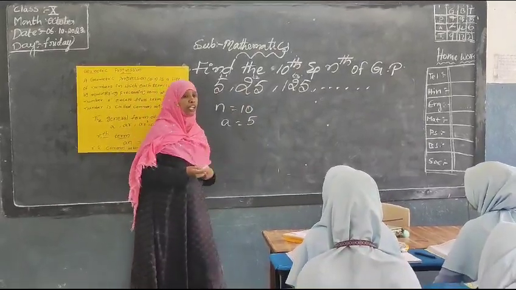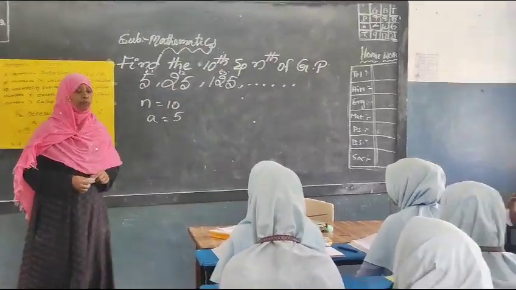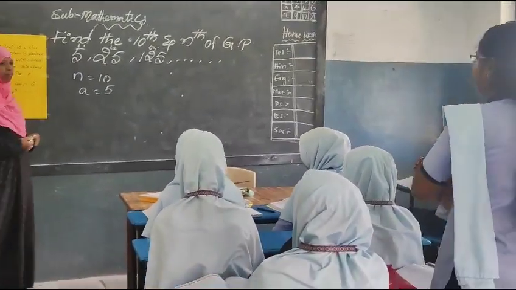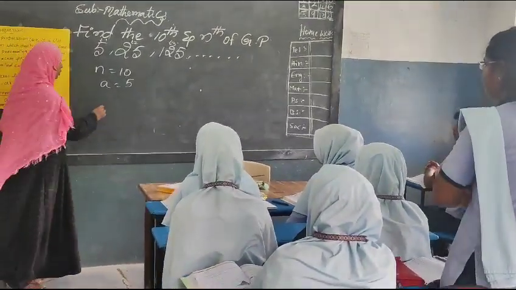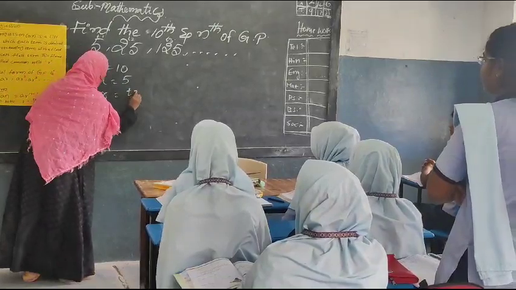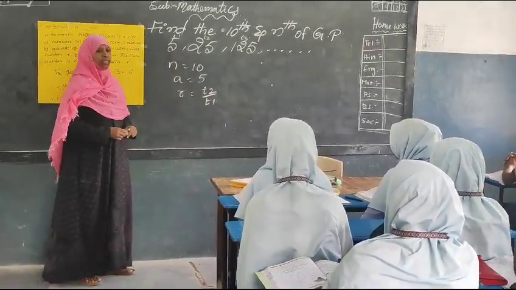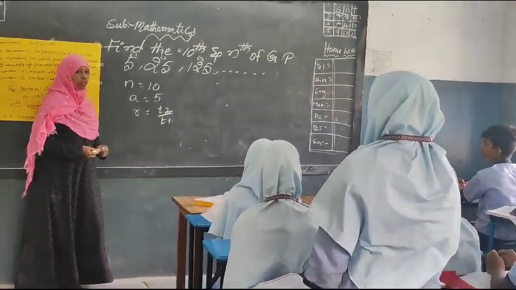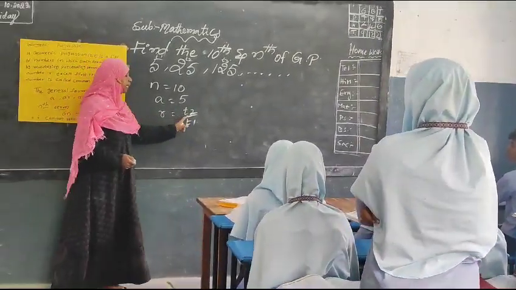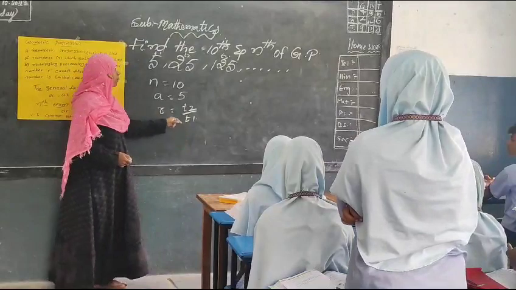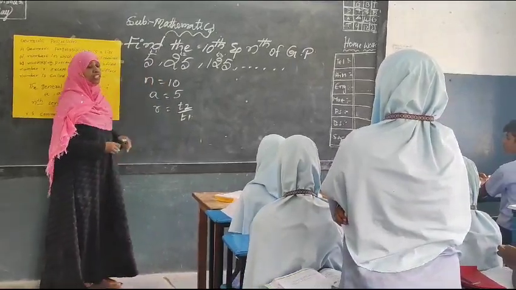How to find the common ratio? Pushmita, stand. r equals the second term divided by the first term. Very good, sit down. Second student, stand.